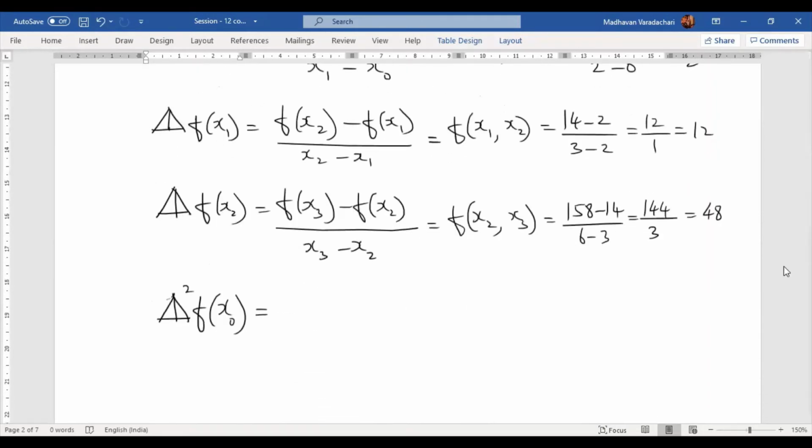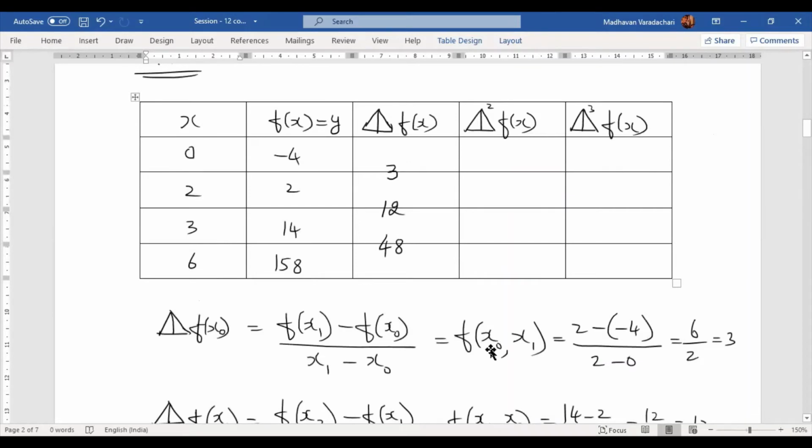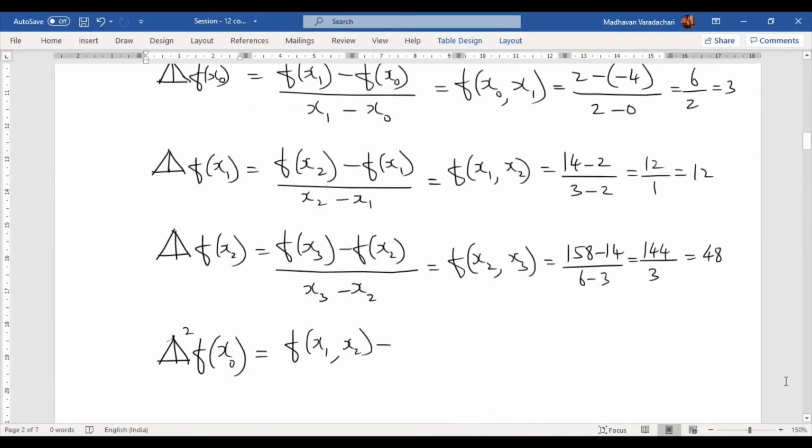That is what we are going to write, minus 12 minus 3. What is 3? This one, f of x0, x1. Divided by x2 minus x0.